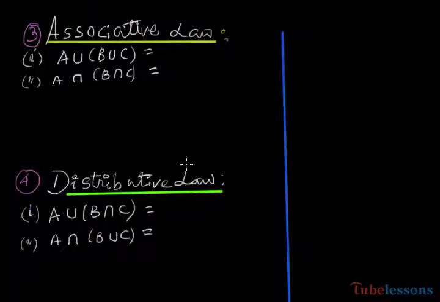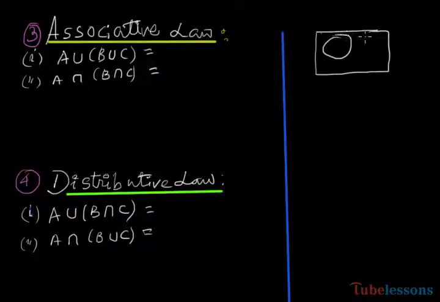The next law is the associative law. Here we are taking three sets A, B, C. First, if you take A union with B union C, B union C is this one.